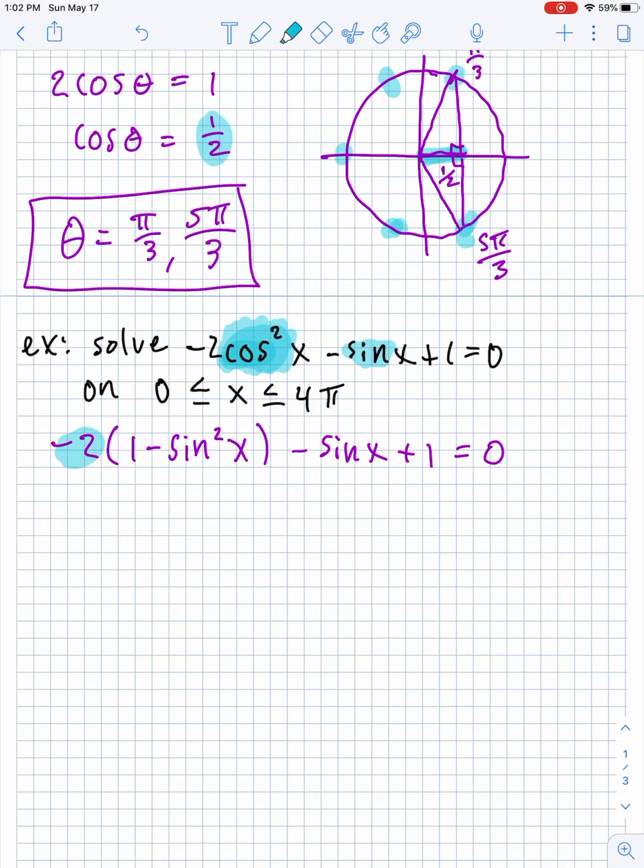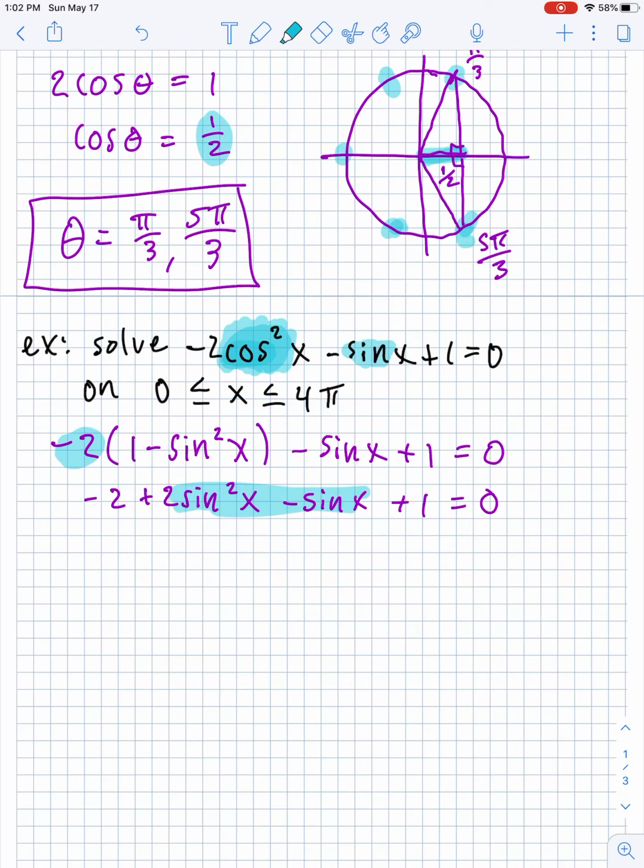Distribute this -2. So we get -2 plus 2 sine squared x minus sine x plus 1. Now, some people try to subtract like these guys right here, but sine squared and sine are not the same thing.